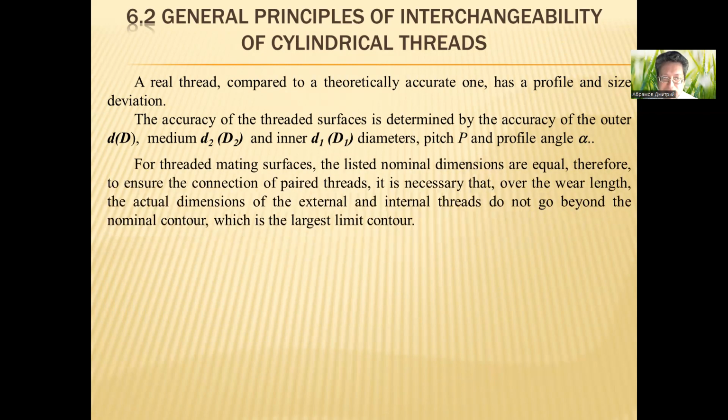For threaded mating surfaces, the listed nominal dimensions are equal. Therefore, to ensure the connection of paired threads, it is necessary that over the wear lengths, the actual dimensions of the external and internal threads do not go beyond the nominal contour, which is the largest limit contour.